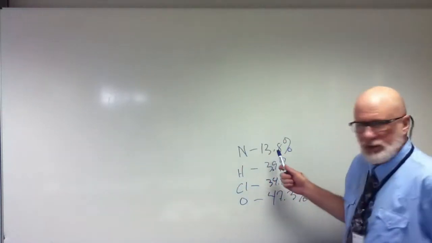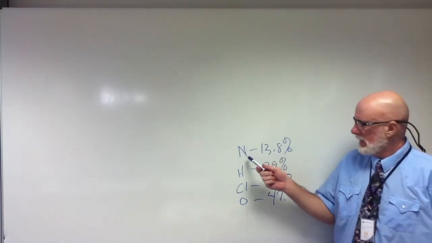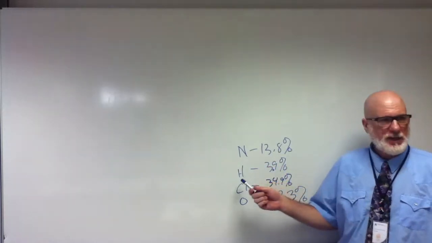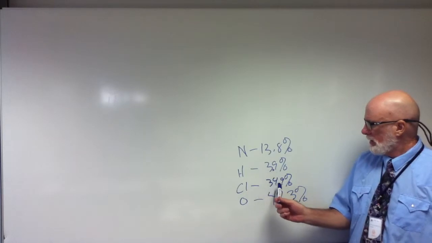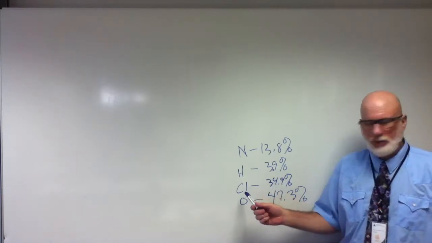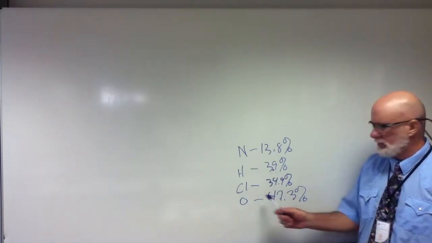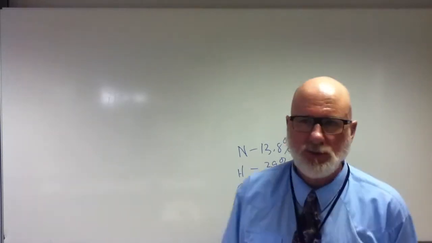I have a salt that has the following elemental composition, percent composition. It is 13% nitrogen, 3.9% hydrogen, 34.9% chlorine, and 47.3% oxygen. And I want you to write the empirical formula.